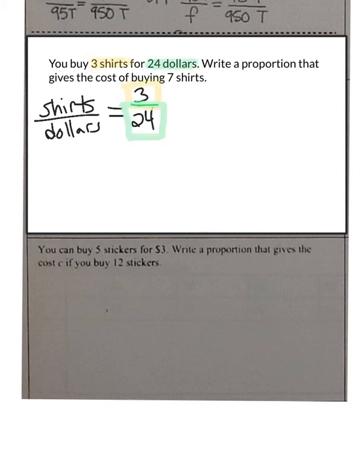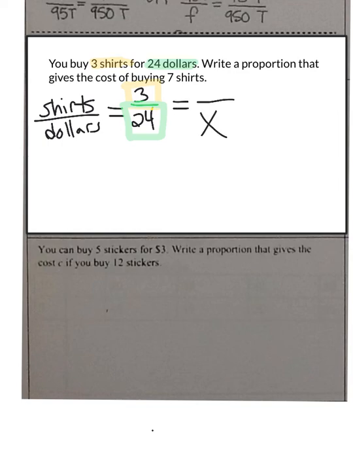Okay, and I've highlighted so you can see what goes with what here. Okay, so 3 shirts for $24. Now it's asking us to write a proportion, which we've already started, that gives the cost of buying 7 shirts. We don't know the cost, so that is going to be our X.